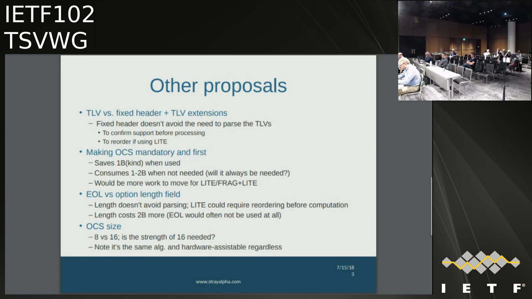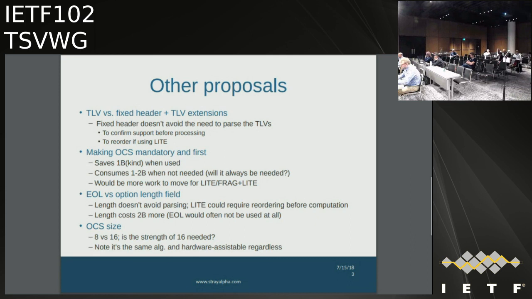Otherwise, you have to parse the header to find out if light's there, because light will reorder things. And if light reorders things, it changes where your checksums are and everything else. So I don't see a way around having endpoints have to walk the header, which is pretty much what has to happen in TCP for extensions as well.